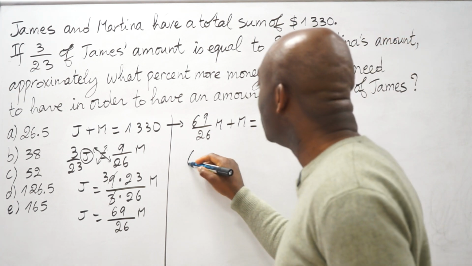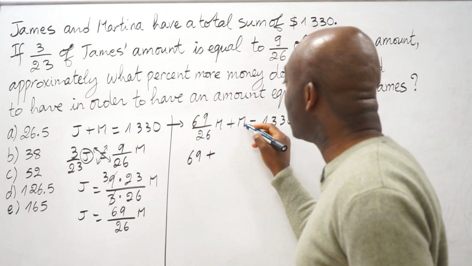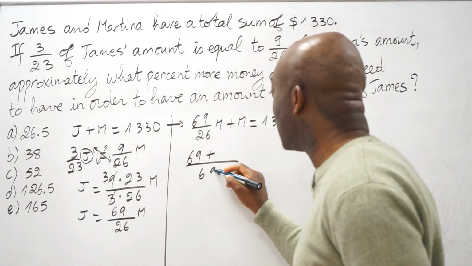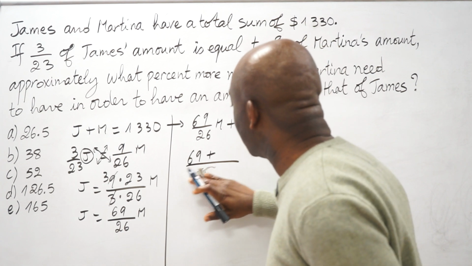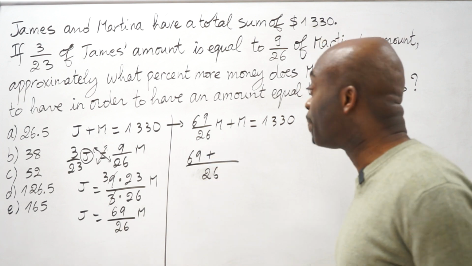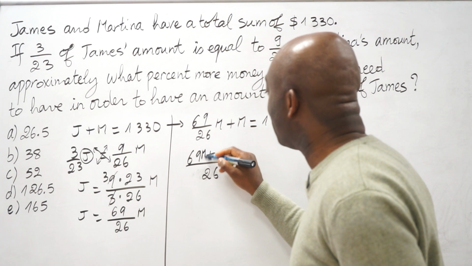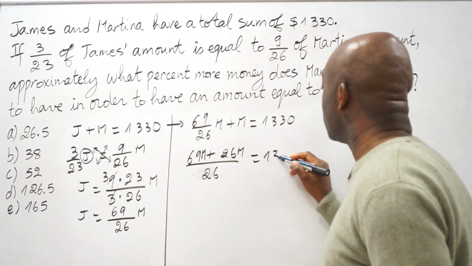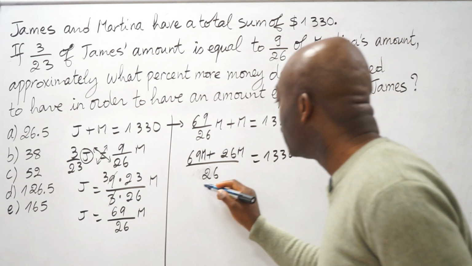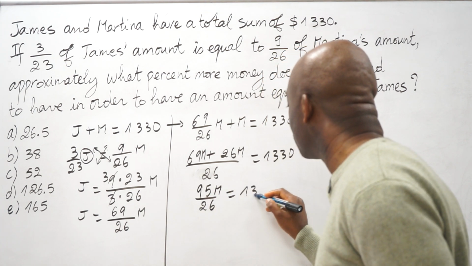So the M becomes 26M over 26, and we have 69M plus 26M over 26 equal to 1,330. Once you add these together, you get 95M over 26 equal to 1,330.